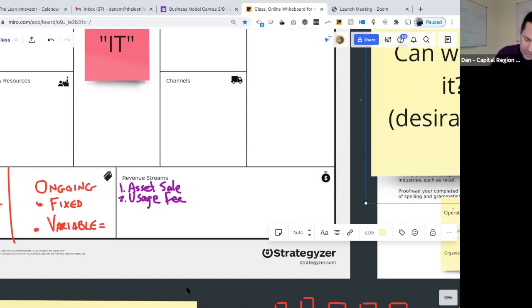All right. Number 3 is lending, renting, or leasing. Now, the difference between the usage fee and the lending, renting, or leasing is this. Lending, renting, or leasing gives my customer exclusive use of the asset for a specified time period. With the usage fee, just like a bridge, everybody's using it, they're just paying to use it.